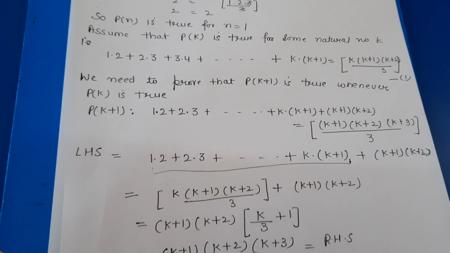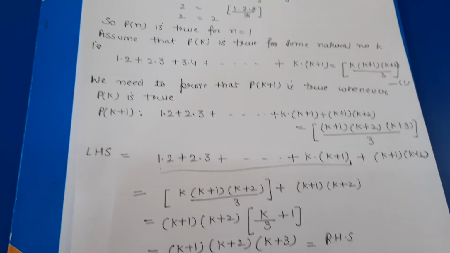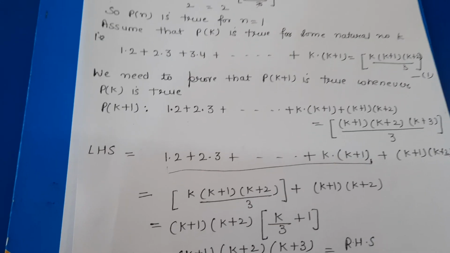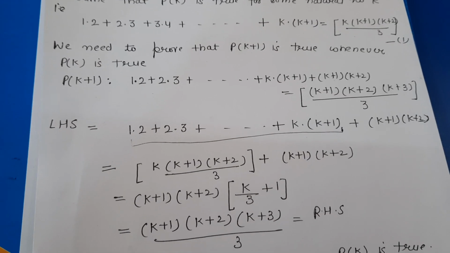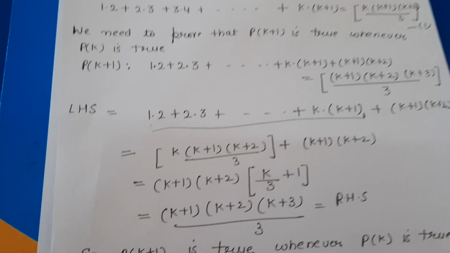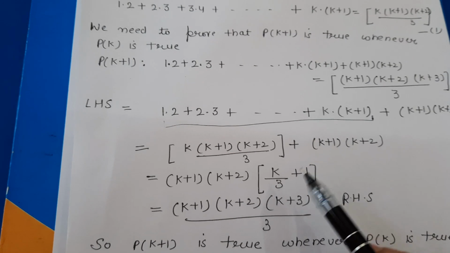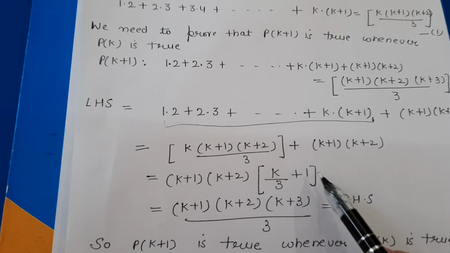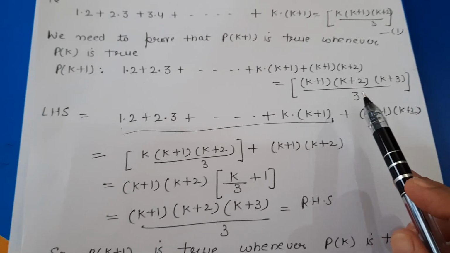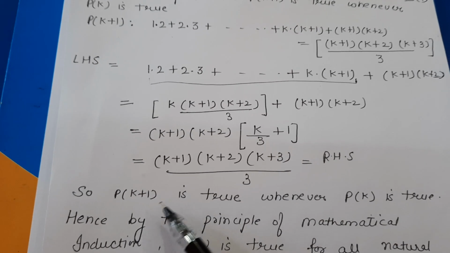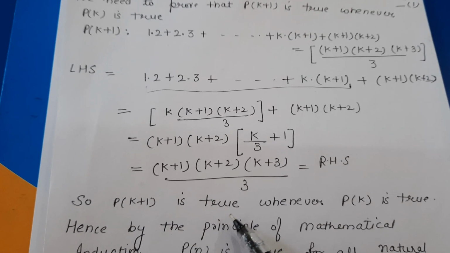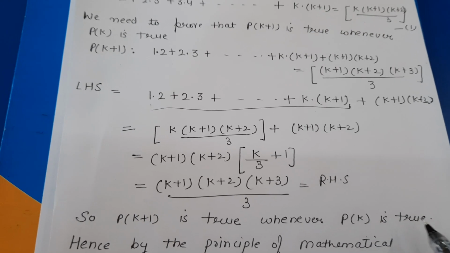Now from these two terms, you can take k plus 1 and k plus 2 common, and you are left with k by 3 plus 1. Now take LCM. LCM is 3. So this is going to be k plus 3, which is equal to your right hand side. So your Pk plus 1 is true whenever Pk is true.